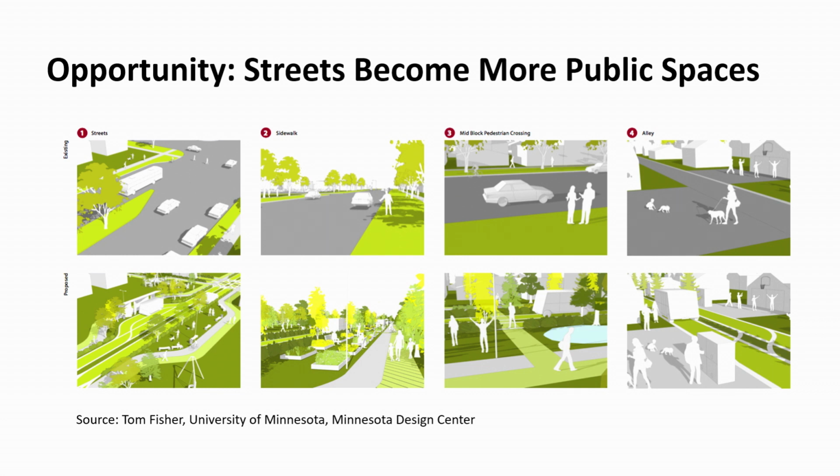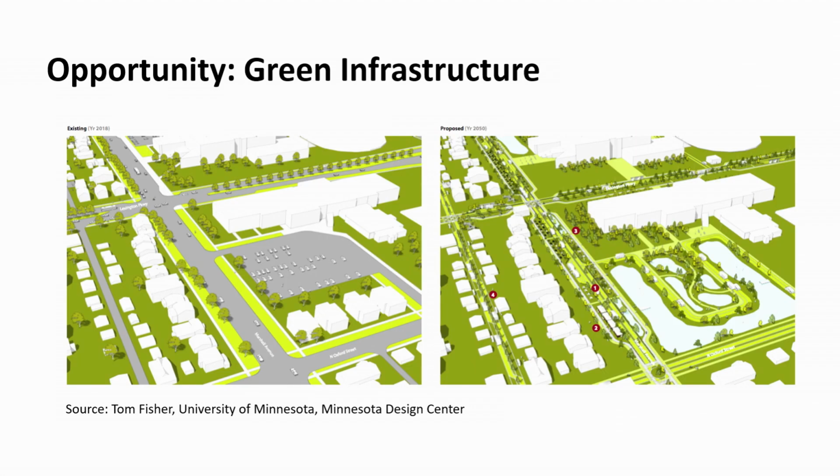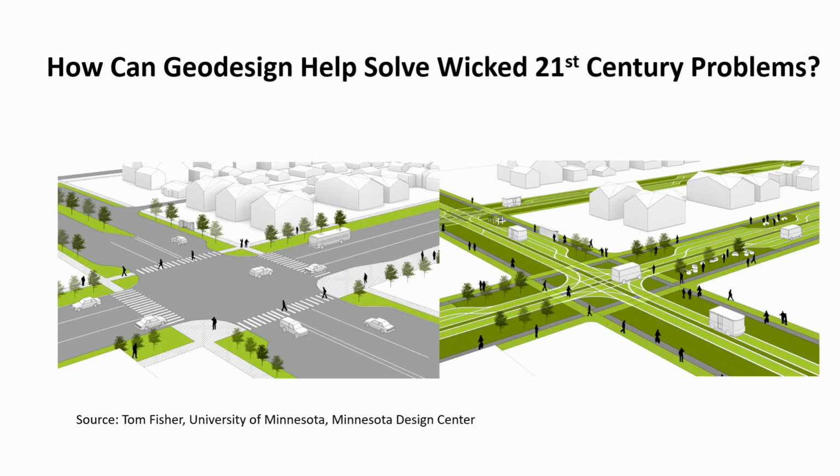These are a series of images, and there are more that they developed, where they look at what it looks like now and how, for example, with green infrastructure, you could retrofit parking pavement with multifunctional green stormwater infrastructure. So the question becomes, coming back to my original question: how do we get there? How do we get from where we are to there?